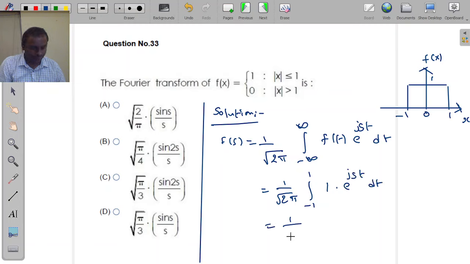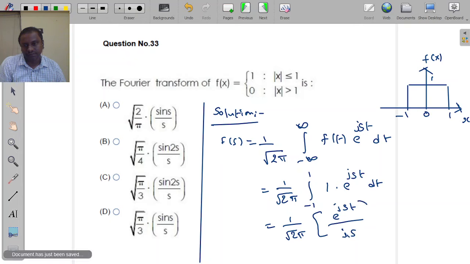So now this will become 1 by 2 root pi into e power jst divided by js, and substituting the limits from -1 to 1.